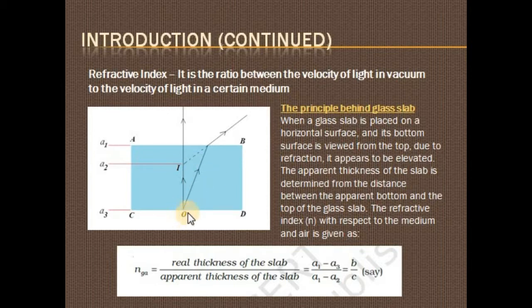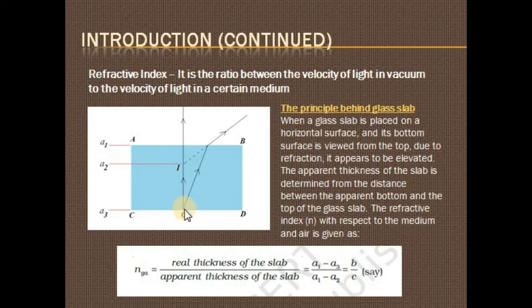The ray of light coming from O will go in this direction, and at the boundary between the two media, you can see this is the glass medium and this one is the air medium. The glass medium is denser compared to the air medium. So according to the law of refraction, when light passes from a denser medium to a rarer medium, it will deviate, or be directed away from the normal at the point of intersection.